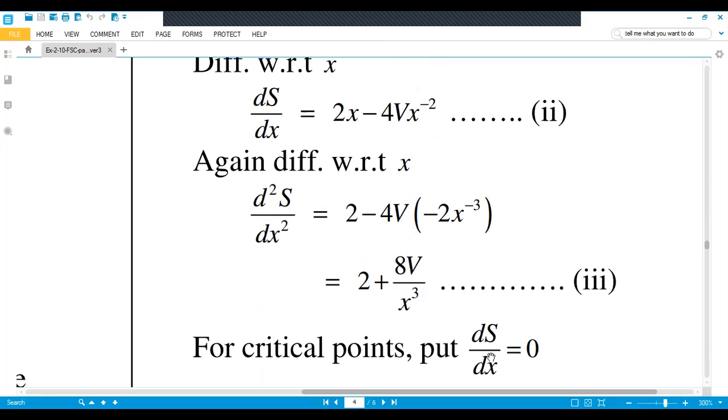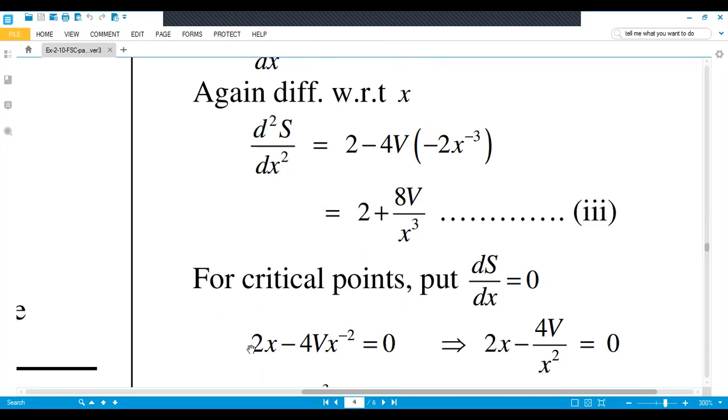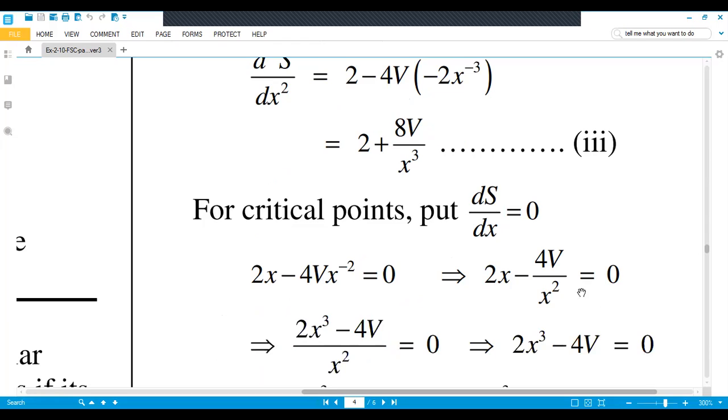Now for the critical point, you put the first derivative equal to 0. So 2x minus 4V x power minus 2 is equal to 0. So here x square is in division. You take the LCM, you get 2x cube minus 4V equal to 0. x square divided here, shifted to the other side, it will be multiplied. When multiplied with 0, you will get 0.